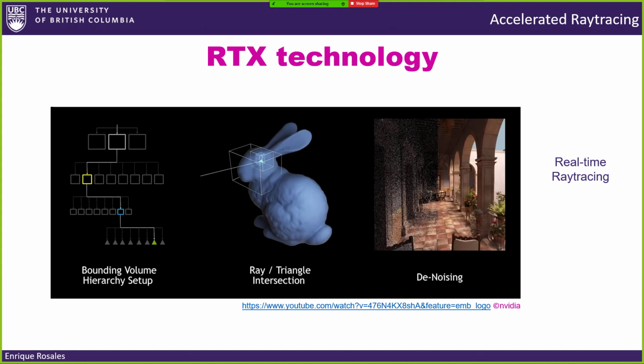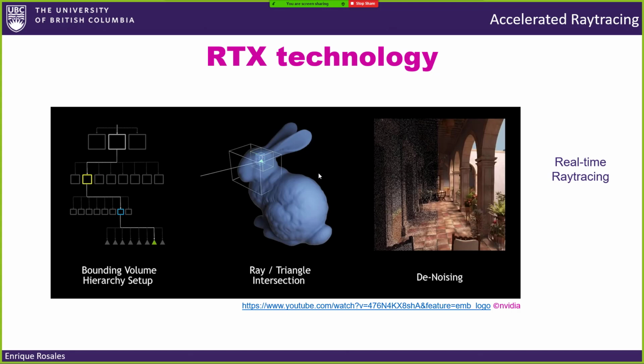So that is what they do. They basically have three main strategies. They have bounding volume hierarchy setups, which is exactly what we talked about, these space partition techniques. They have very efficient, adaptive ray-triangle intersection techniques, and efficient algorithms to decide where they need to send more rays.